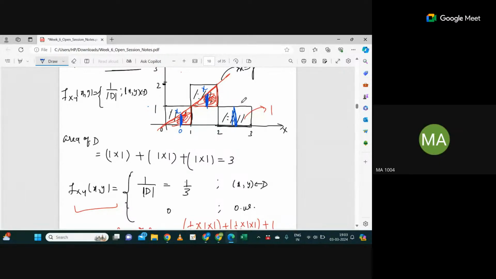So you have to integrate 0 to x plus 1 to x. We just have to make sure we took the limits of x and y properly.